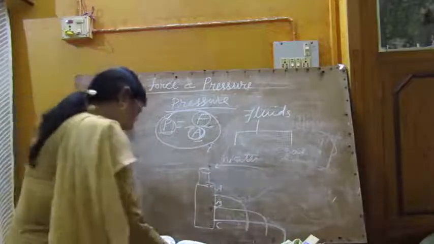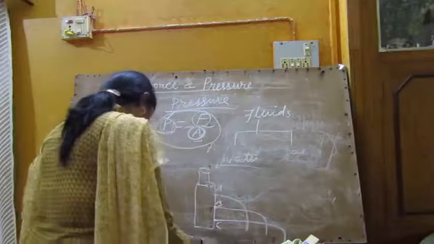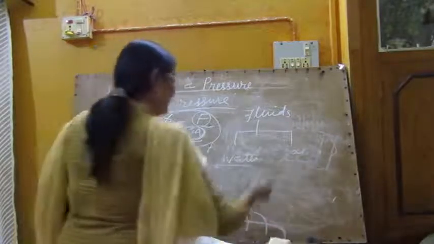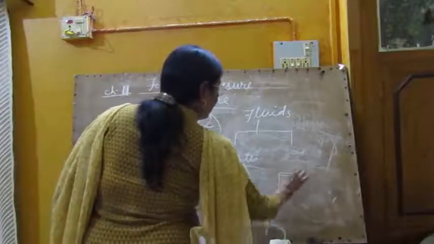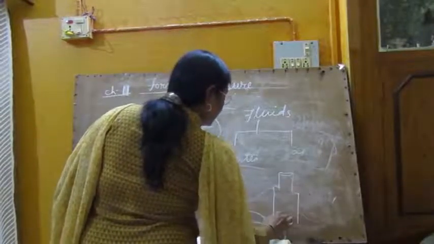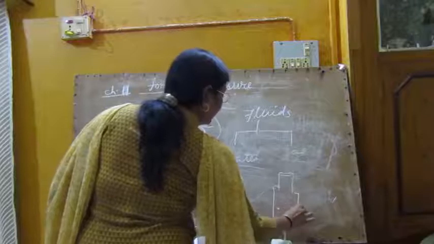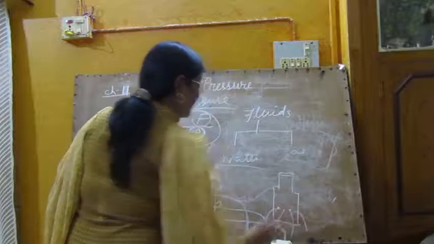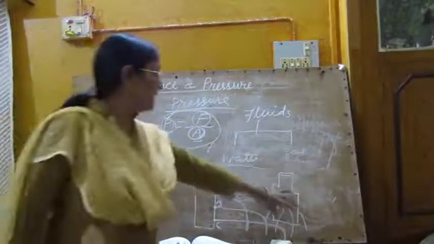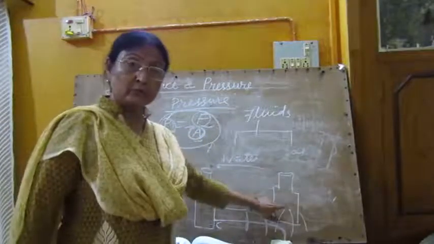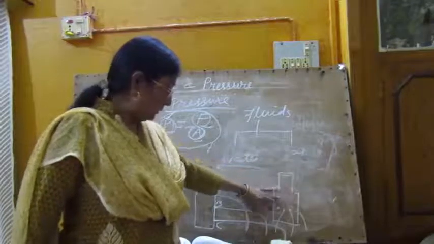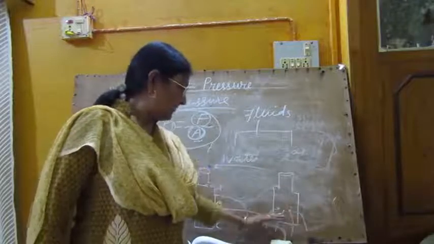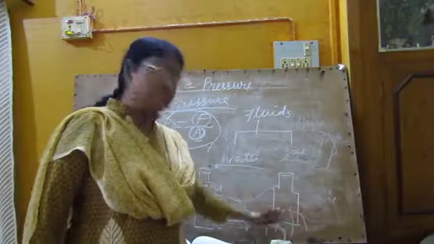Okay, another experiment you can do is to make 3 holes at the same height. If you pour water, you will find that the water springs out the same equal distance.